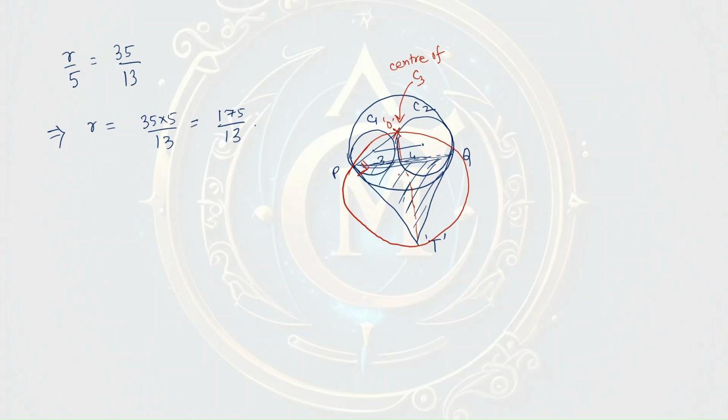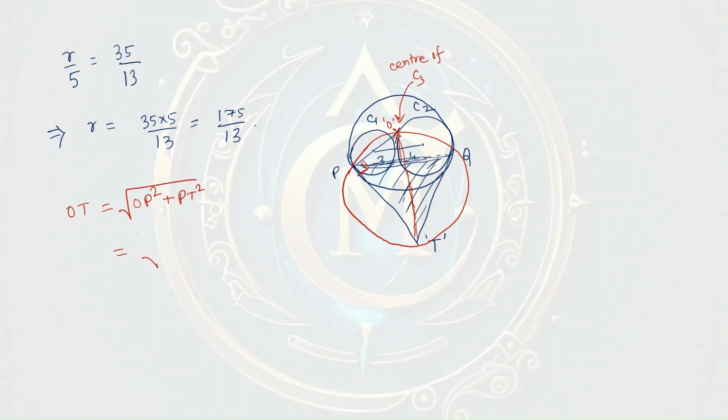The OPT angle is right angle. That means the OT should be the diameter of the circumcircle. That means OT will be 2 times the radius of the circumcircle. So we have to calculate the length OT, which is equal to OP square plus PT square and the under root of whole this expression.